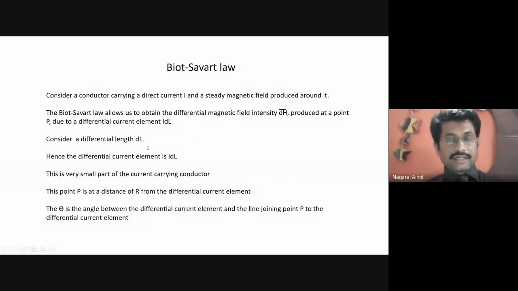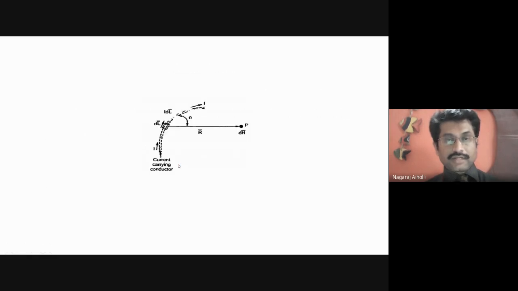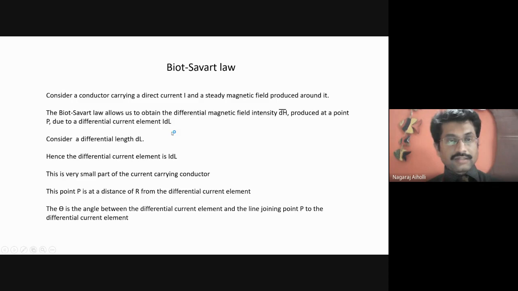Consider differential length dl, hence the differential current element is I into dl. This is a very small portion of the current carrying conductor. If we consider the entire length of the conductor, here we are considering a very small portion, the differential element.